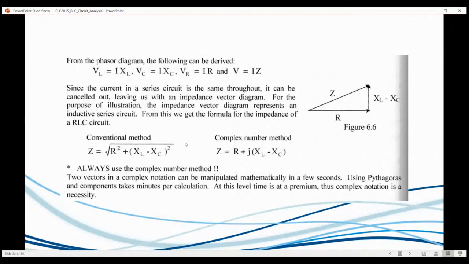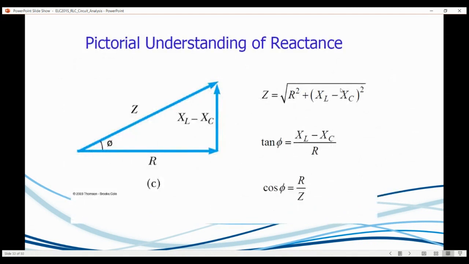The so-called total resistance in the DC circuit is called the impedance, Z, but Z is represented as a complex number. We still apply Ohm's law, V equals I times Z. This is just another representation of how we can find Z.